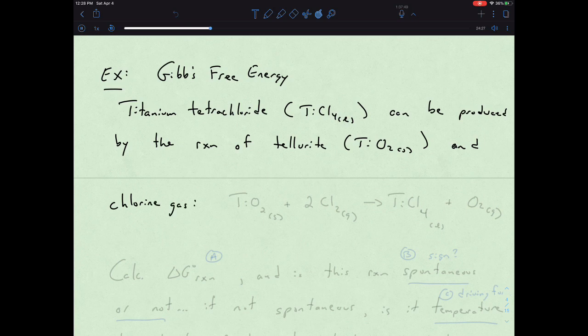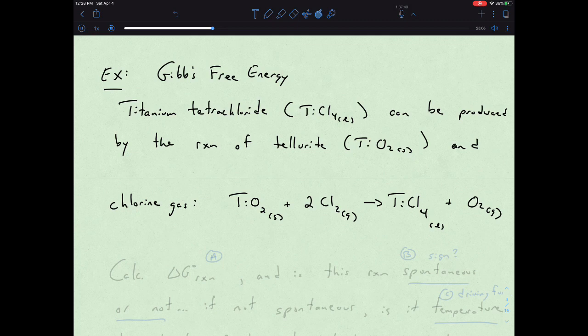We can write that reaction with the titanium dioxide reacting with two chlorine molecules to produce titanium tetrachloride and then oxygen gas. This is actually a redox reaction, but one that we will classify much later in subsequent lectures.